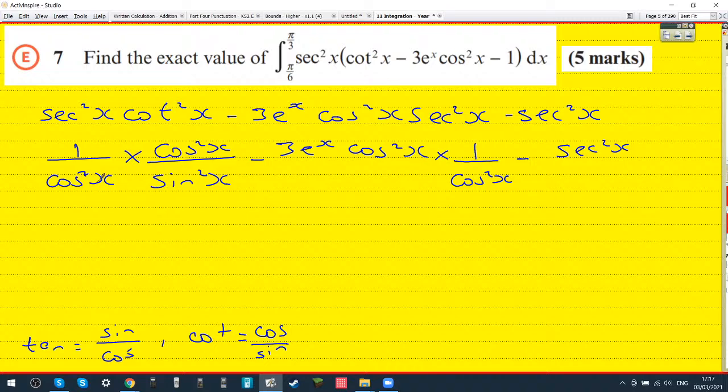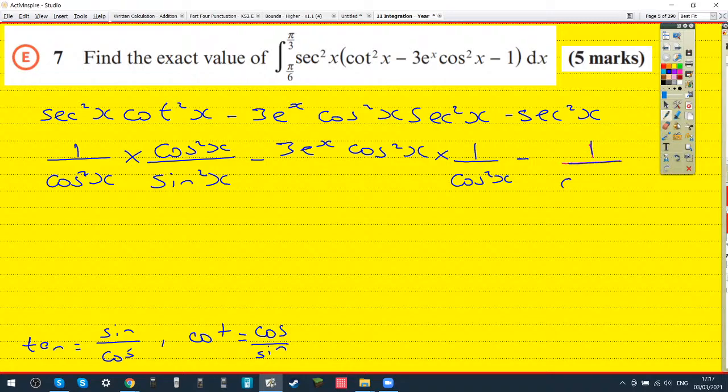Alright, simplify. Anything we can simplify? I don't think so. 1 over cos squared times cos squared over sine squared.